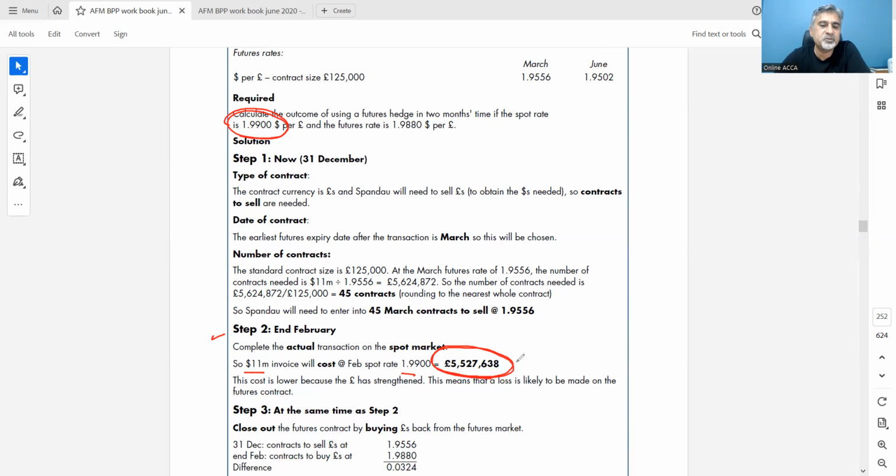The cost is lower because the pound has strengthened. This means that a loss is likely to be made on the futures contract. The pound has strengthened, so you actually are paying less here. If you are making a gain here, you will make a loss on the other side. Let's calculate the loss there.